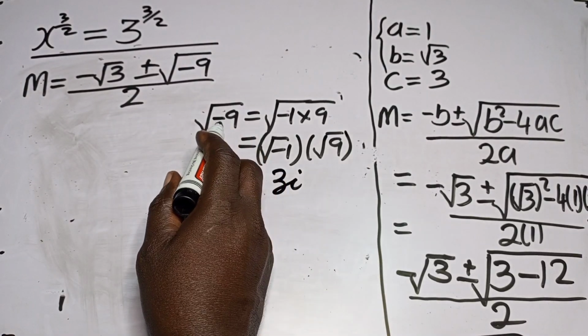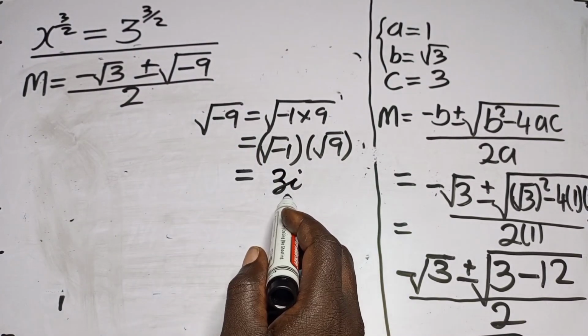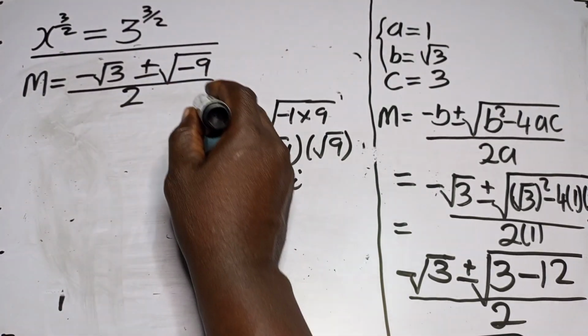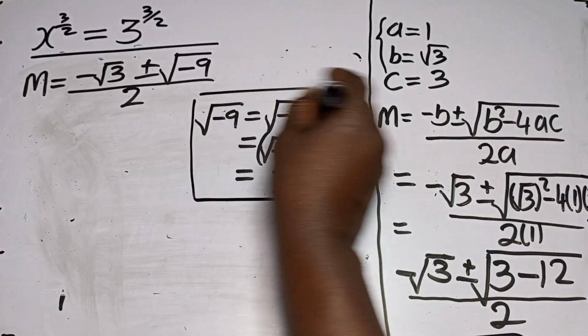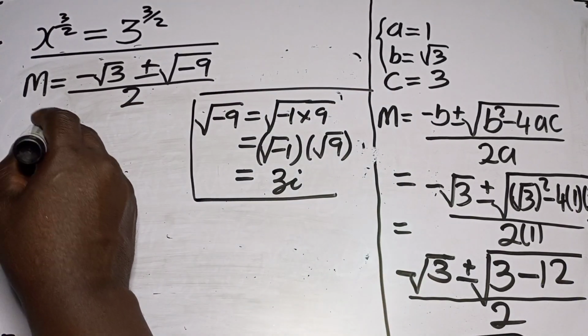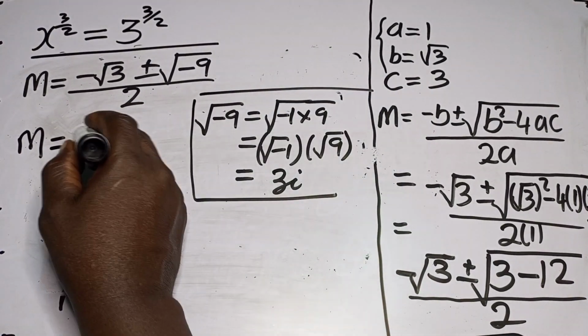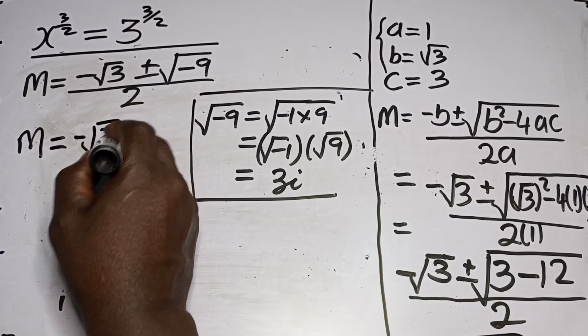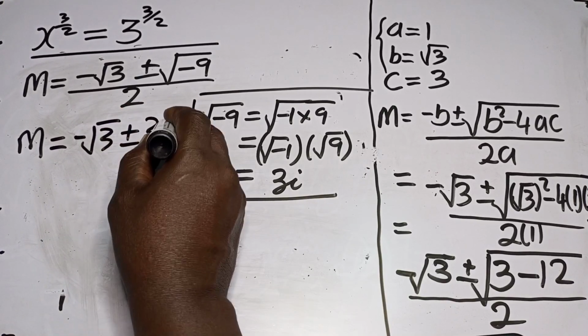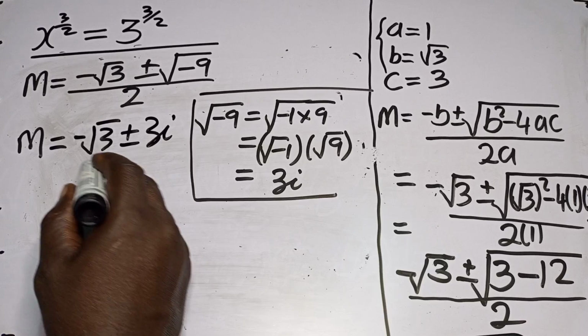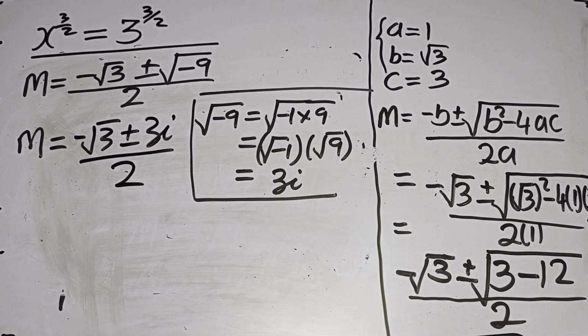So we replace root negative 9 with 3i in that expression. So m is equal to negative root 3 plus or minus 3i, all over 2. Those are the two values of m.